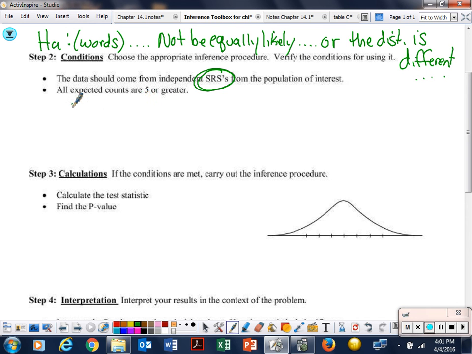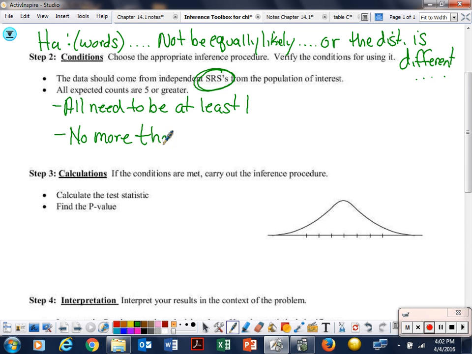But remember, if you look at the other sheet, they all need to be at least 1 and no more than 20% can be less than 5.